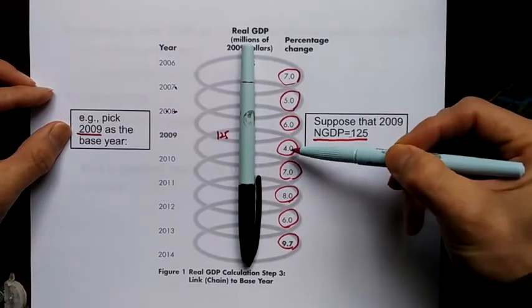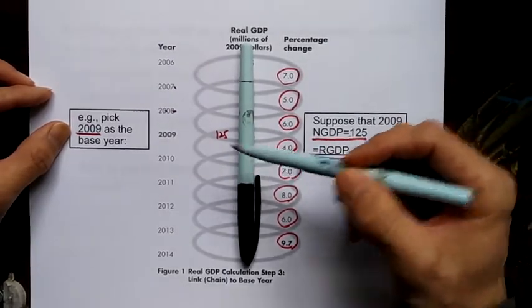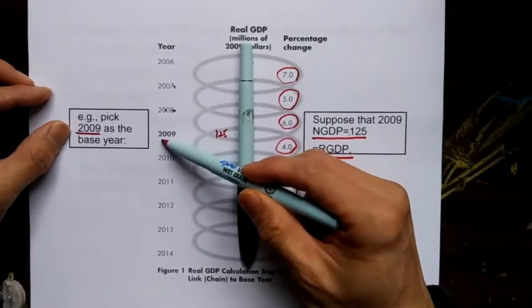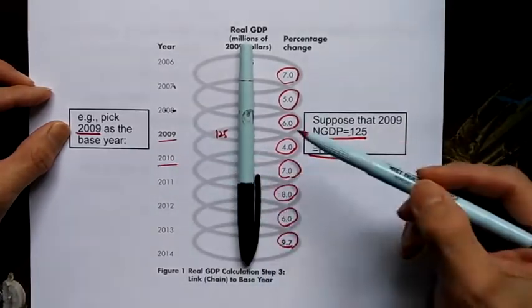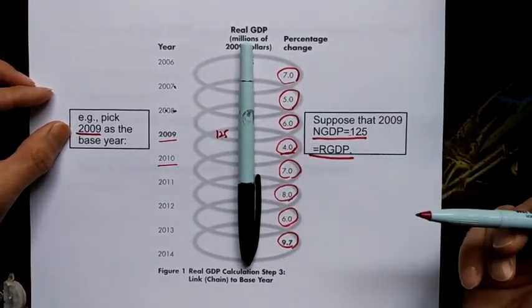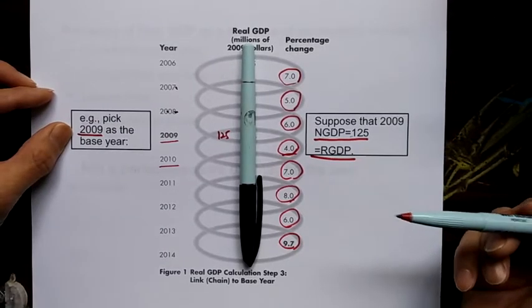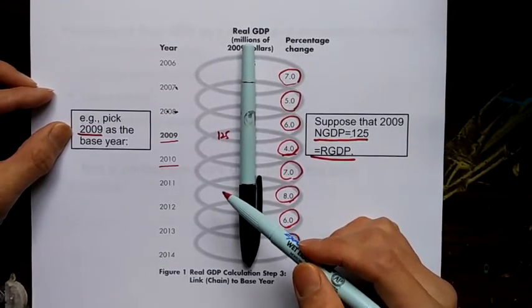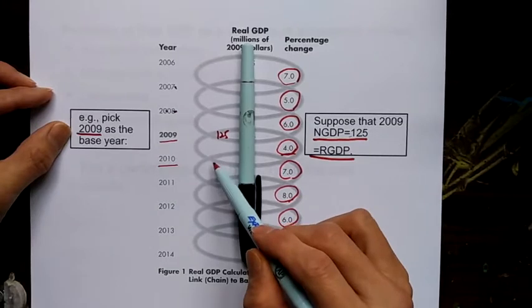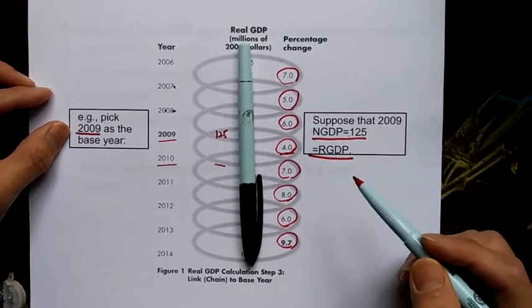And then in the previous steps, you know that the growth rate from 2009 to 2010 is 4%. Then you can calculate the real GDP in 2010.